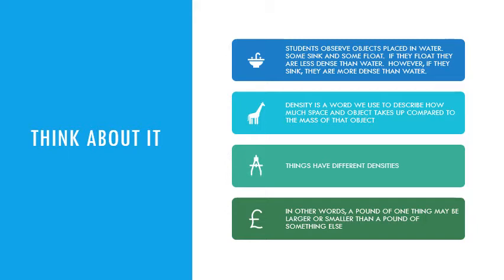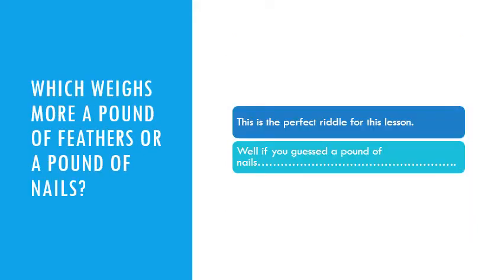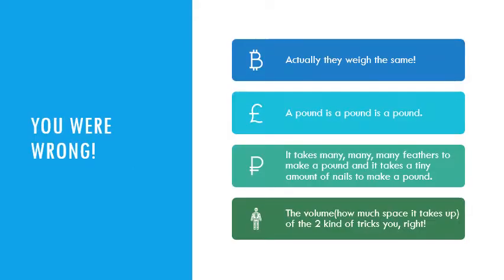Things have different densities. In other words, a pound of one thing may be larger or smaller than a pound of something else. Which weighs more, a pound of feathers or a pound of nails? This is the perfect riddle for this lesson. Well, if you guessed a pound of nails, you were wrong.